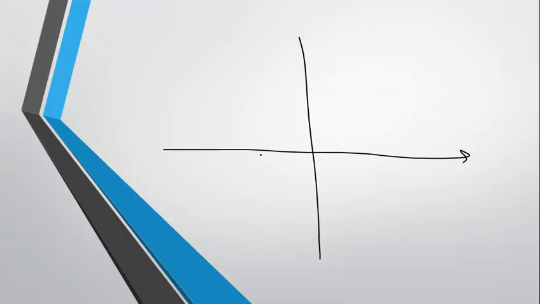So let's take some examples. First of all, I will draw the x-axis and y-axis. This one is the x-axis, which is the horizontal one, and this one is the y-axis, which is the vertical one. Suppose I take the point (2, 3).